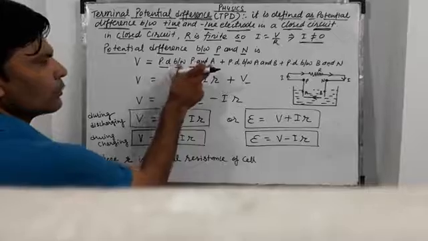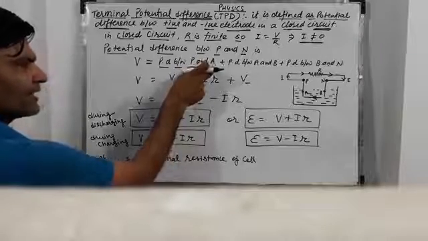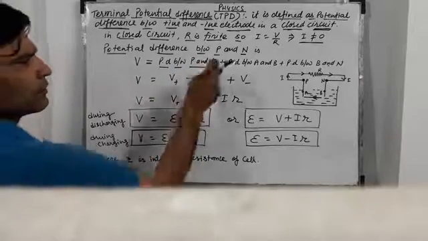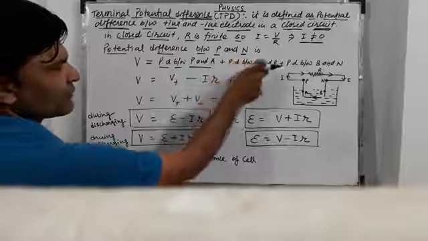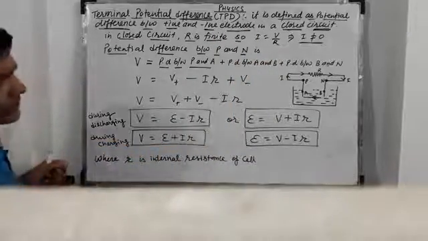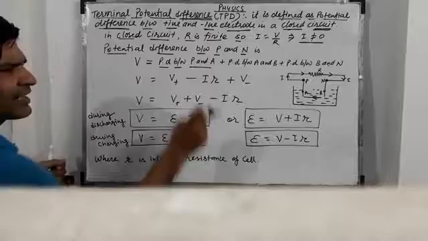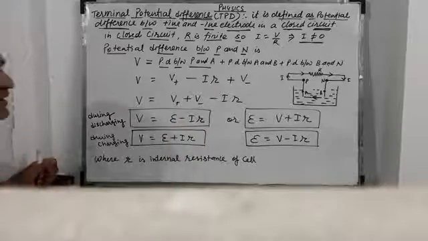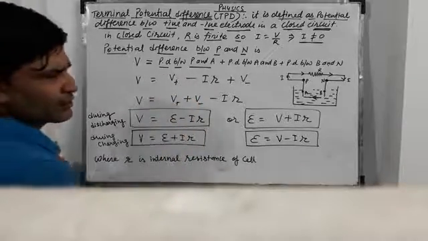So the potential difference between P and A is V plus, and the potential difference between A and B is minus IR. Why does this negative sign come?